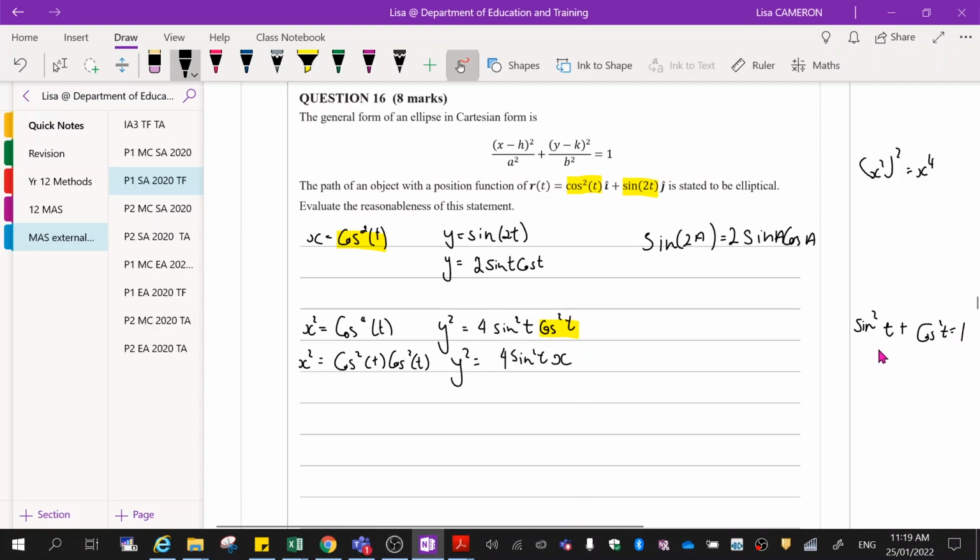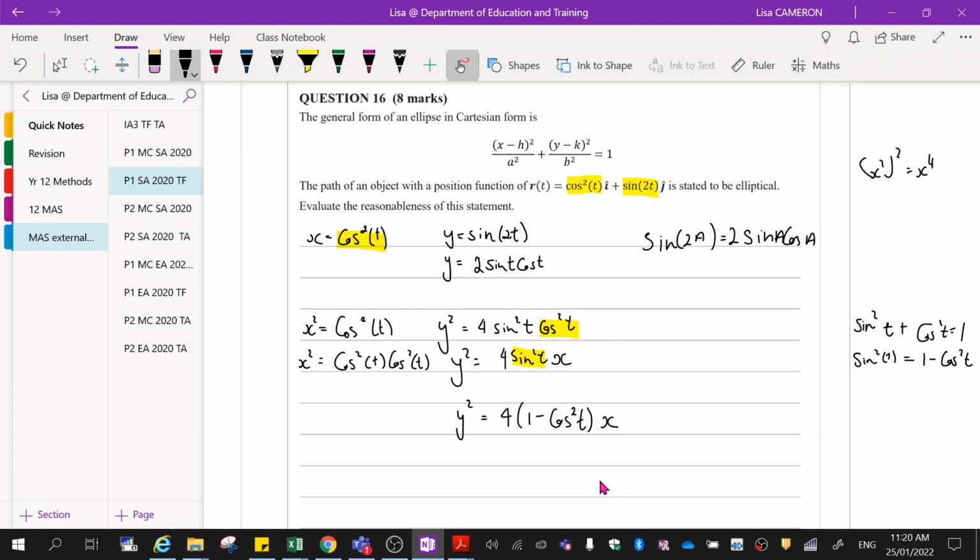So all I'm going to do is rearrange it so it's in terms of sine squared t, so sine squared t is equal to 1 minus cos squared t. Okay, so that is now going to replace this section here inside my bracket. So y squared is equal to 4 bracket 1 minus cos squared t, x.